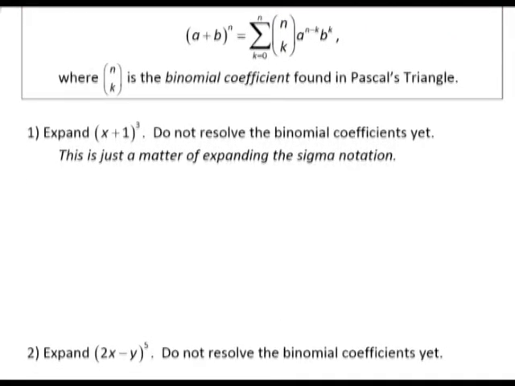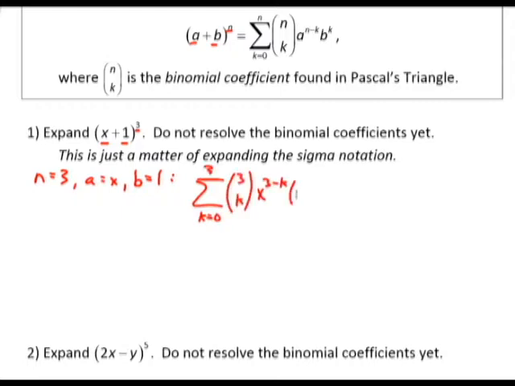If we raise x plus 1 to the 3rd power, we're going to look at what this corresponds to in the binomial theorem. x is a, b is 1, n is 3. To start with, I'm going to rewrite the binomial theorem with the specifics of this problem. We'll resolve this expression by making a table.